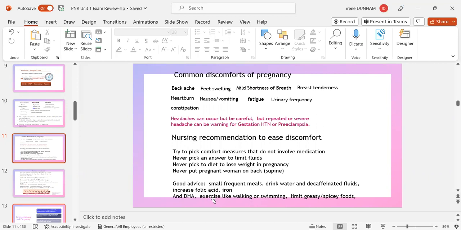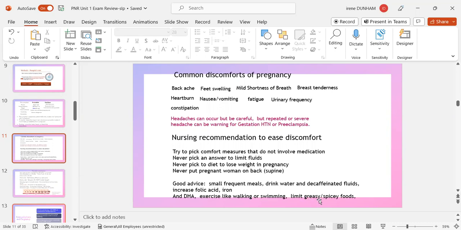And then we have exercise, DHA, exercise like walking or swimming. I always tell my patients walking is really simple. You don't need a pool. If you're swimming, you need a pool, right? But walking, you get out, put some sneakers on, and at least after eating, right? It's better for digestion and also better to maintain blood sugar levels.